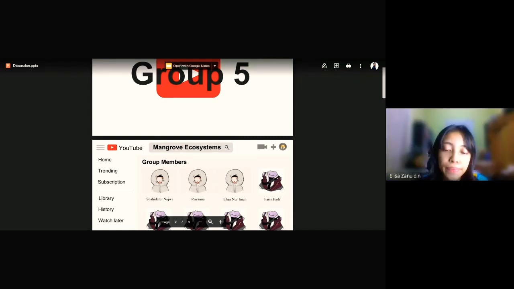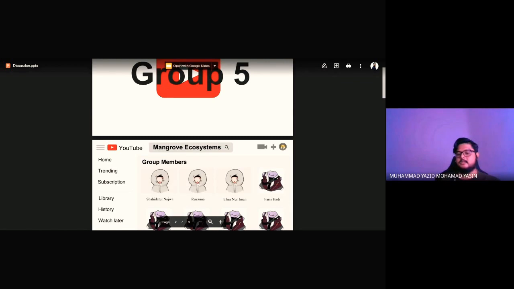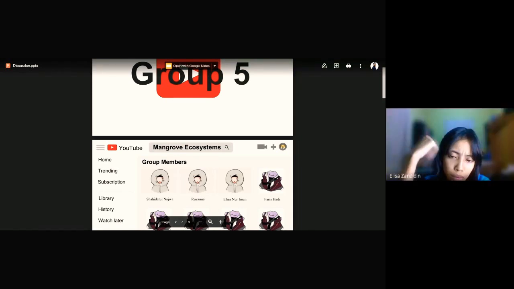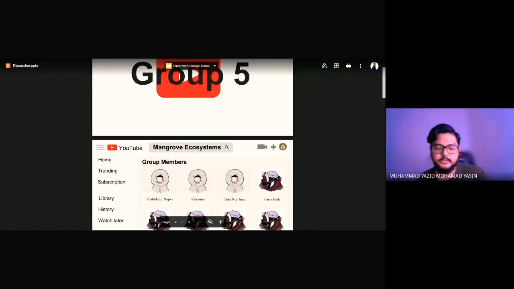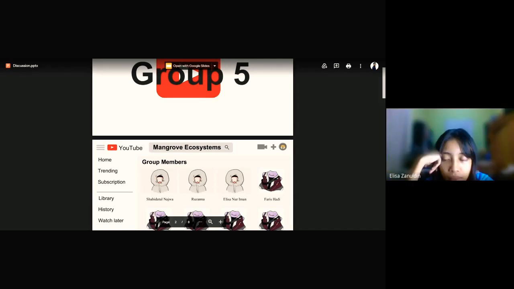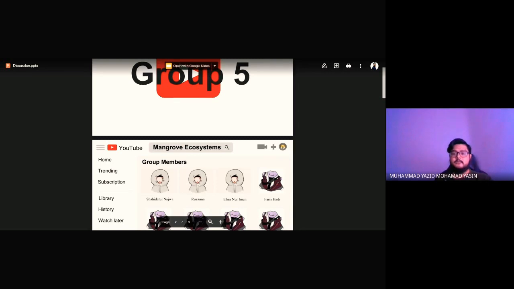To strongly say that this fauna can be invasive and cause damage to the mangrove ecosystem, maybe we need to do more thorough research on this matter because, as I said earlier, in my opinion, mostly animals use this mangrove habitat as a nursery ground and barely do any damage to it.